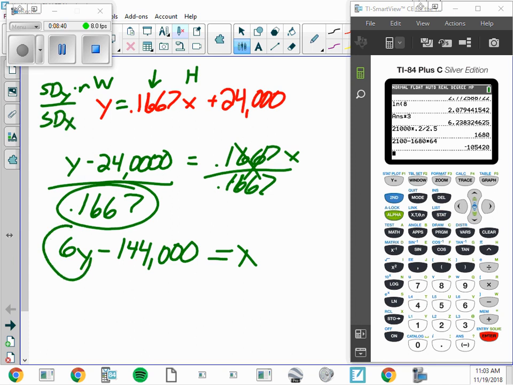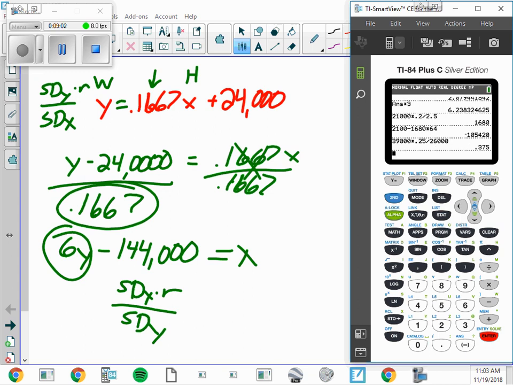The other slope comes out as 6, and let's try it. SDX times R over SDY, and that's going to be 39,000 times 0.25 divided by 26,000, and that's the slope of the other equation. So this is way off.